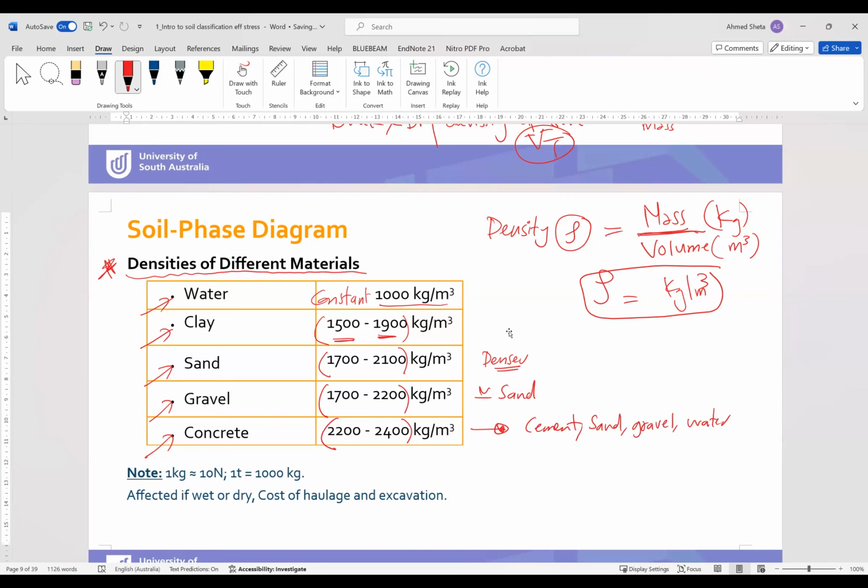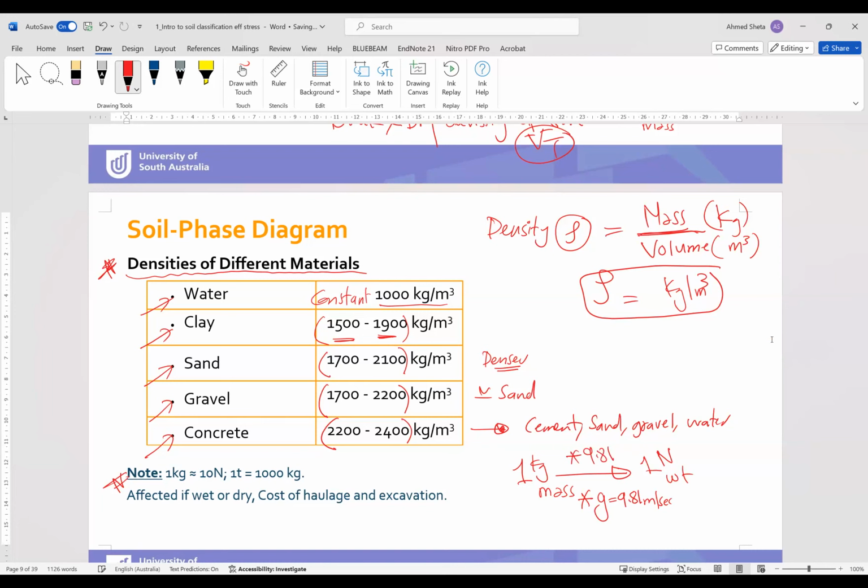Just some notes here for the units: how to convert from kilogram to Newton. We covered this before in the superstructure tutorial. Kilogram is mass and Newton is weight. To convert from mass to weight, you need to multiply by g equal to 9.81 meter per second squared. So to convert 1 kilogram to Newton, you multiply by 9.81.